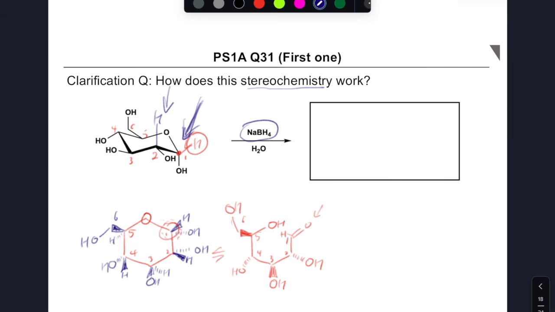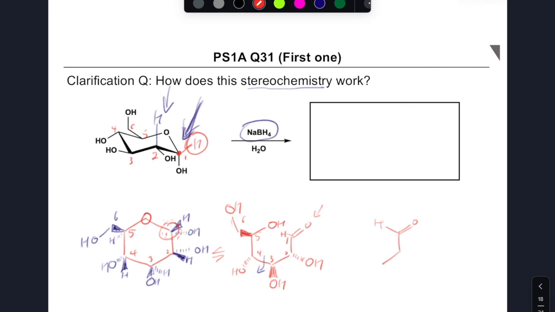So in order to get this to line up a little bit easier, one of the first things I would do here is take the middle bond, 3 to 4. If I rotate about that one, I can unwind things a little bit more. So let's just draw out what that would look like. If I just did this bond rotation between 3 and 4, my aldehyde is still sticking up in this direction here. This goes down.